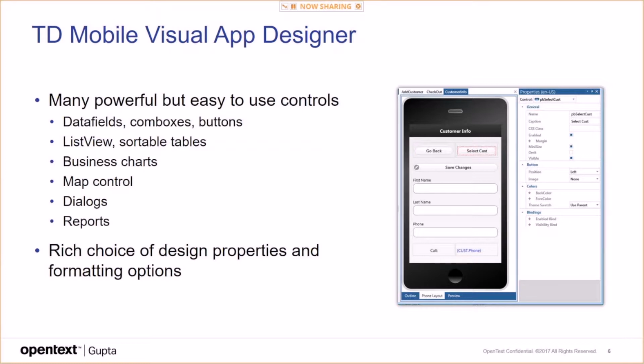So basically you can have a TD Mobile app run a report at the back end, for example, process an invoice, send that invoice via email to somebody, or display that invoice on the mobile device itself. All these objects have rich choices of design properties and formatting options. You see the properties tab here on the right, which is currently for a button here.